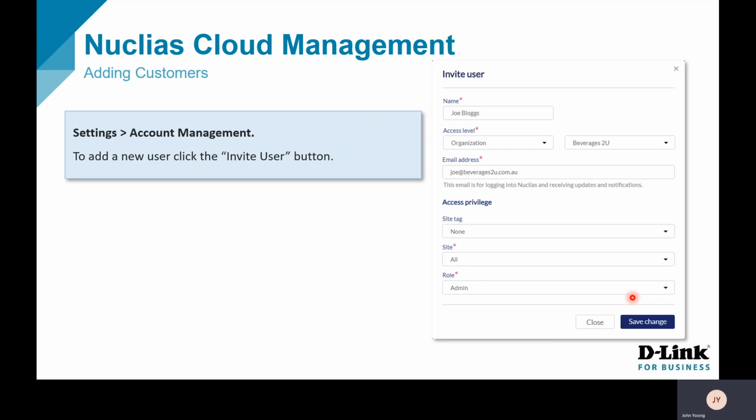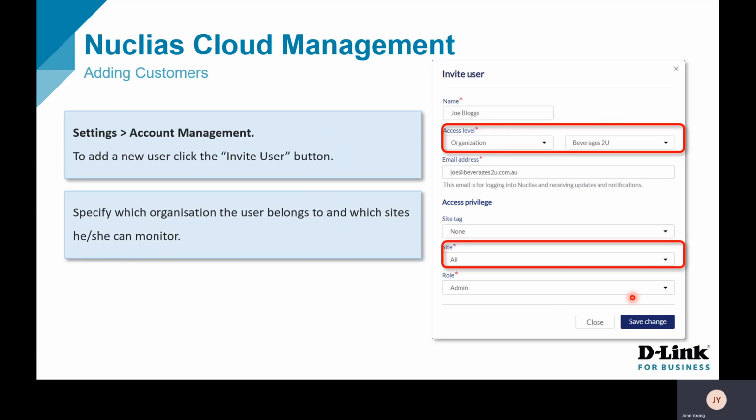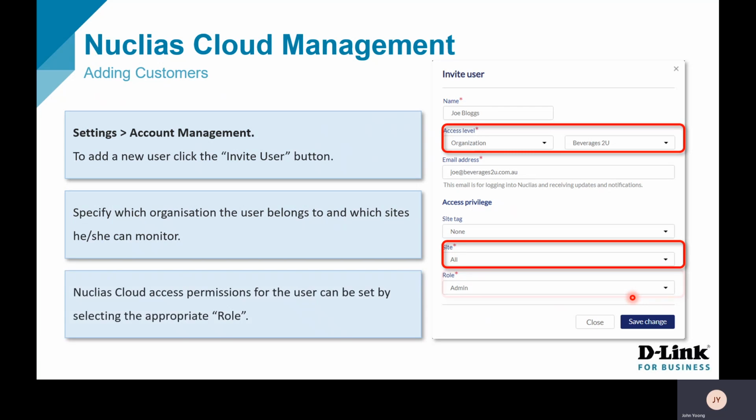Next, you can create a local admin to handle their own devices. You can just invite the account and tie it to the site that they are able to manage. You can create the role and privilege for them. It comes with 4 types.